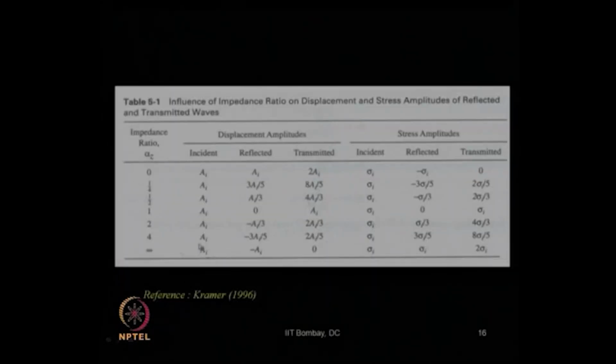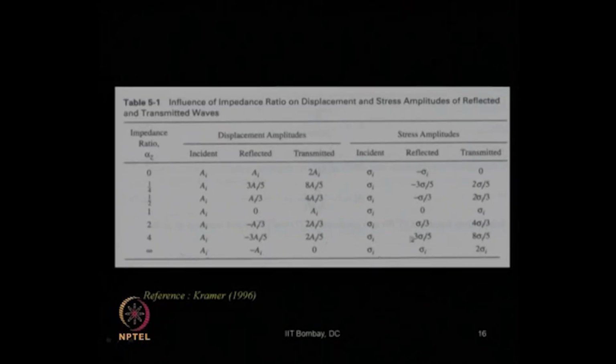So, we have incident wave displacement amplitude, and the reflected wave displacement amplitude is the negative of that, in the opposite direction. Negative sign indicates it goes in the opposite direction. Always remember, all negative signs indicate opposite directions. Nothing gets transmitted. Whereas, for stress amplitude, the incident wave and reflected wave stress amplitudes are the same. For the transmitted wave, the stress amplitude gets doubled.